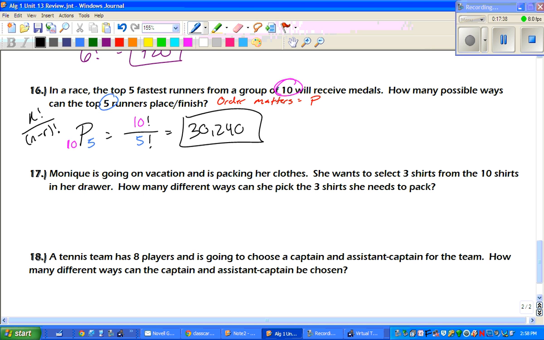Monique is going on a vacation and is packing her clothes. Now she's packing her clothes and she selects 3. All 3 of those are going on her trip with her. Does the order matter? Nope. So we're doing a combination. She has a total of 10 shirts. She only wants 3.